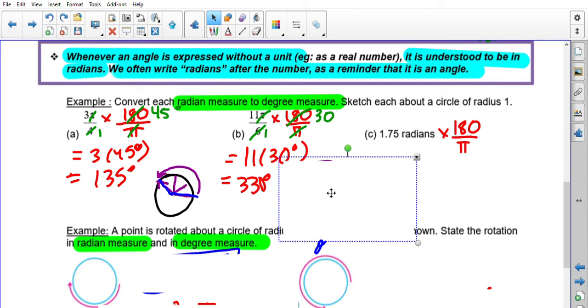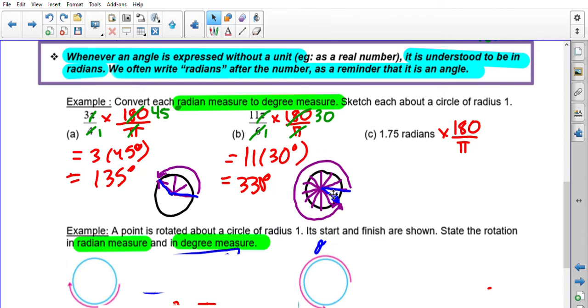Okay, so I know that one's hard because they're so small. So here, if I am starting at the blue line, I do 1, 2, 3, that's at 90, 4, 5, 6, that's at 180, 7, 8, 9, 10, and then 11. So it's the last 30 before I do a full rotation. So that angle there is 11 pi over 6.